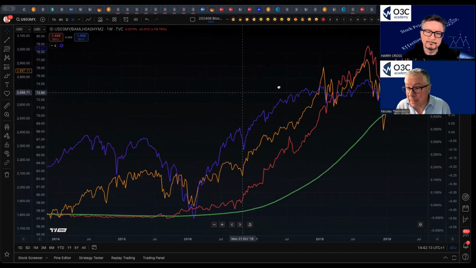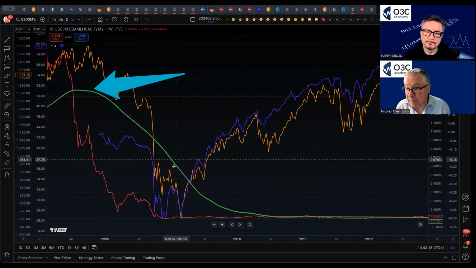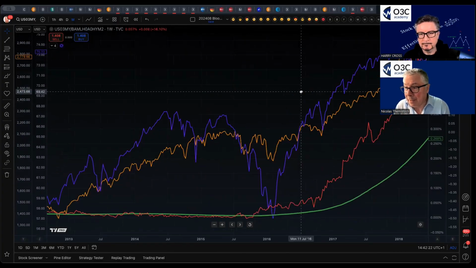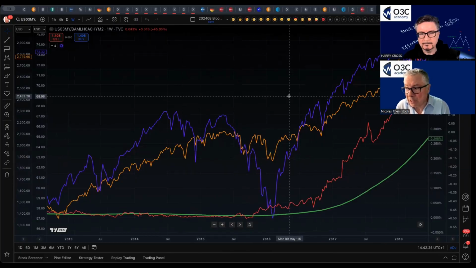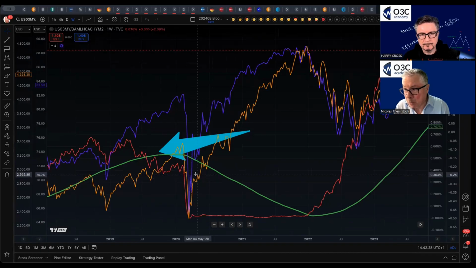As far as I can see, as I scroll back, the purple is falling at the time when the stock market is a bit iffy. Again, here, purple actually collapsed.